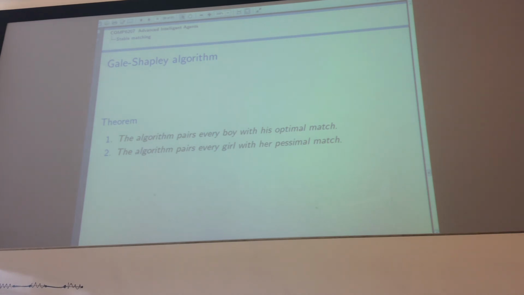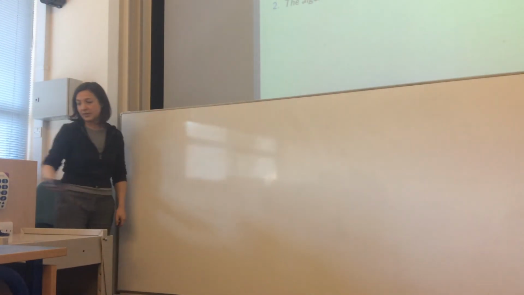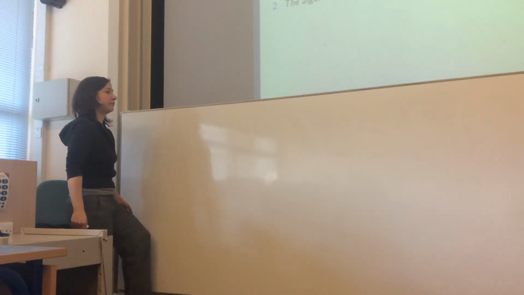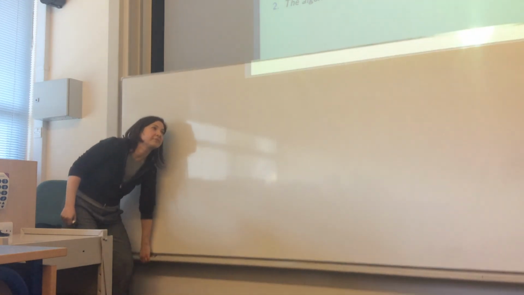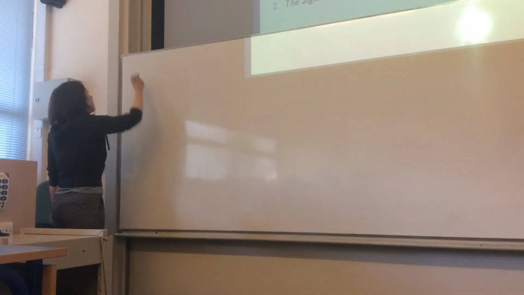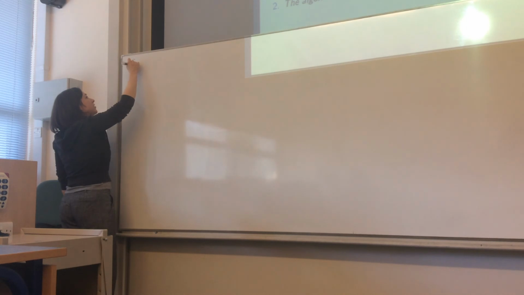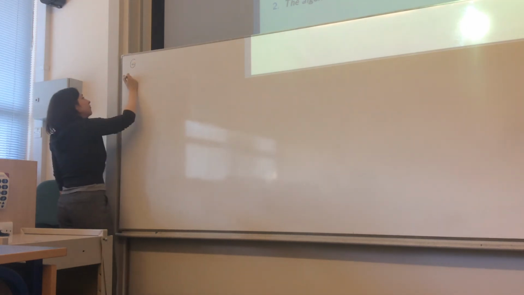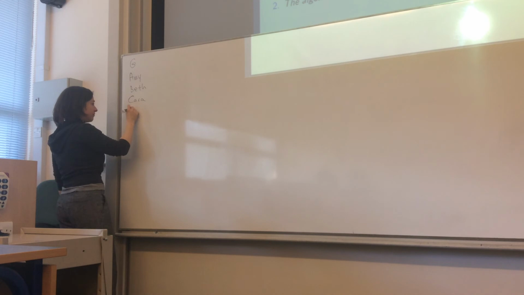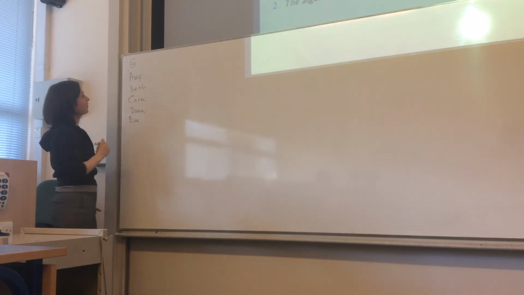Let's do an example. Let's just run the algorithm. We have girls: Amy, Beth, Cara, Dana, Eve. Enough.